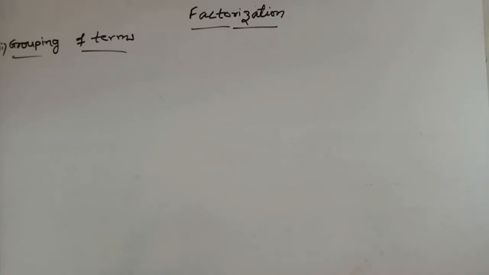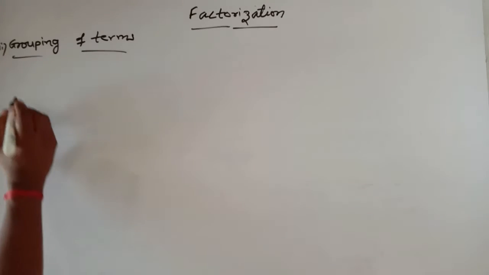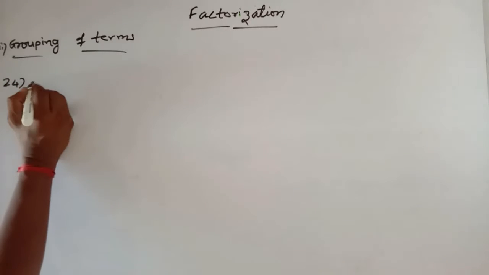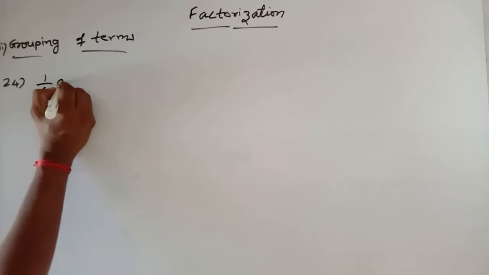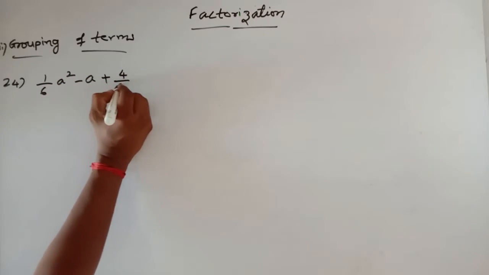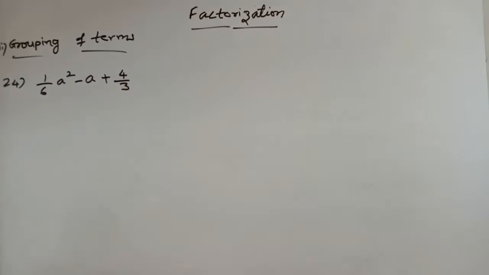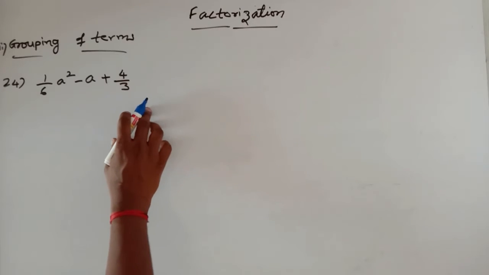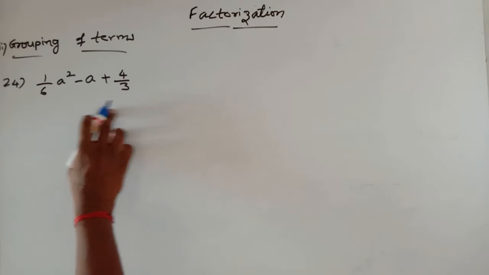So the next question is factorize, that is 24th question. Factorize 1 by 6 a square minus a plus 4 by 3. So here I am expanding in this.